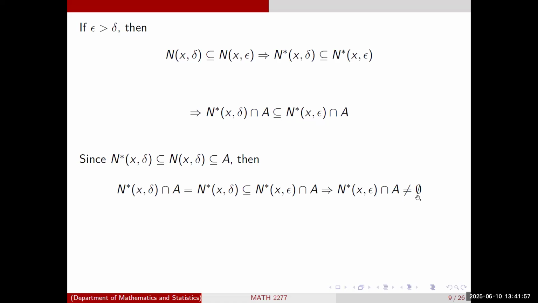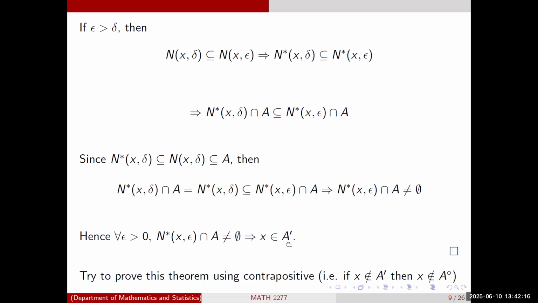It's not empty, and that is what I want to prove. Hence, for any epsilon, the deleted neighborhood centered at X with radius epsilon, intersection A, is never empty. In other words, X is a limit point of A.